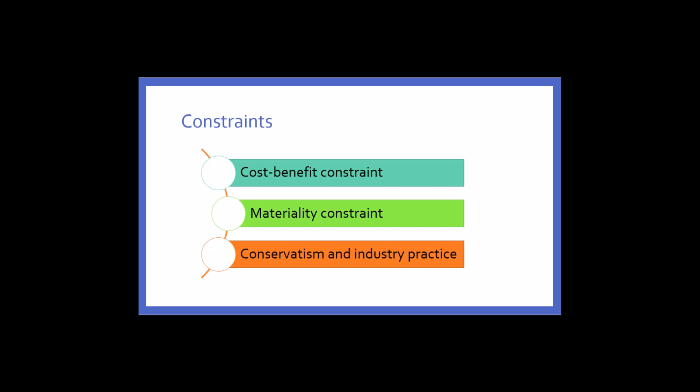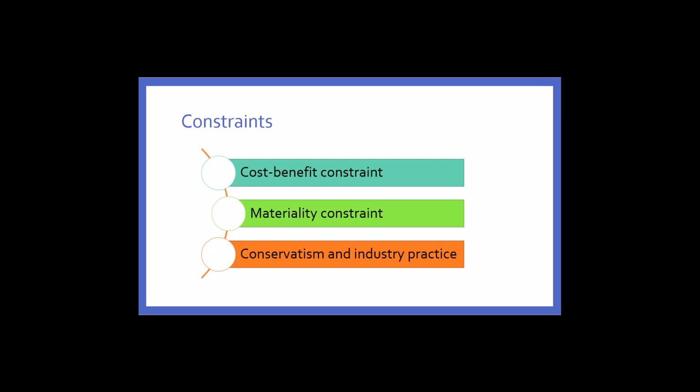And then the last one is going to be conservatism in industry practice. The principle of conservatism basically means that if we are looking at two equally likely alternatives, we always want to take the path that is one, the least likely to overstate assets, and two, the least likely to overstate net income.